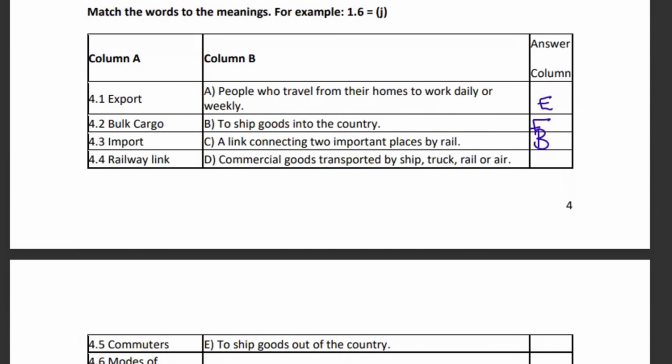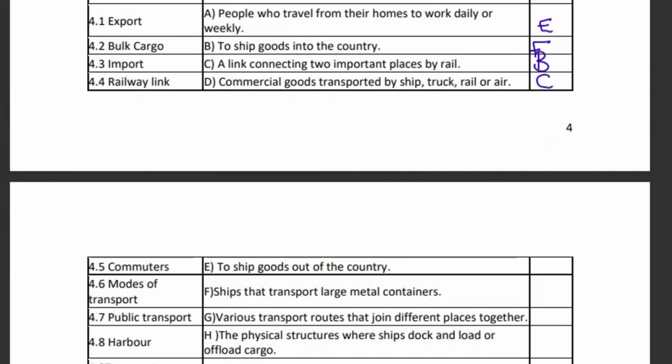And then the railway link goes to C, a link connecting two important places by rail. Then we have commuters, people who travel from homes to work daily.